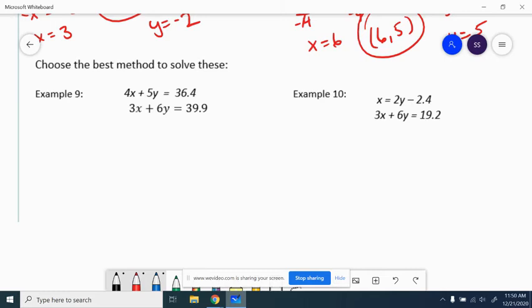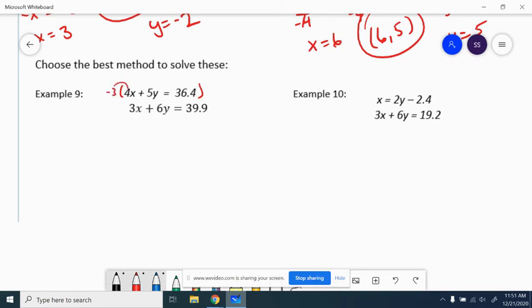Right now, there's nothing I can eliminate, but I can get my x's equal to a positive and negative 12, or I could get my y's equal to a positive or negative 30. It's up to you. I think I'm going to go ahead and eliminate the x's. So I'm going to multiply this whole first equation by negative 3.